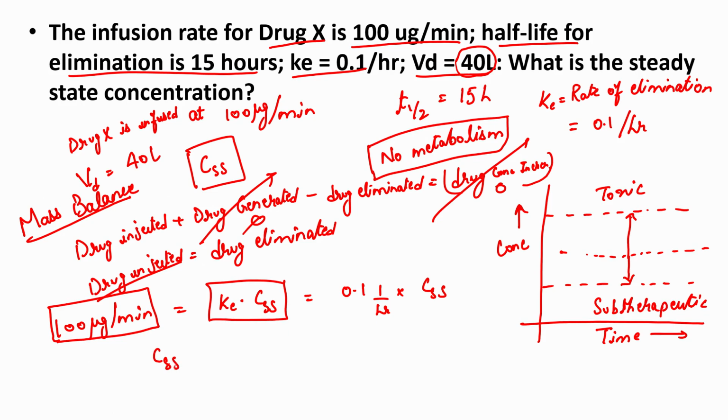So then CSS will basically become 100 μg per minute multiplied by, correct, now I have to match these units. So to do that, I can multiply by 60 to convert this to hours so that I can cancel this. So this will basically become 60 multiplied by 100.